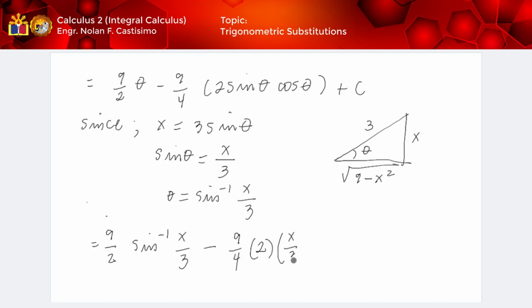And then, ang cosine theta natin. So, paano naman natin kukunin ang cosine theta? Mag-base ulit tayo dito sa ating triangle. So, ang cosine theta natin ay adjacent divided by hypotenuse, wherein ang adjacent natin ay square root of 9 minus x square divided by our hypotenuse 3.